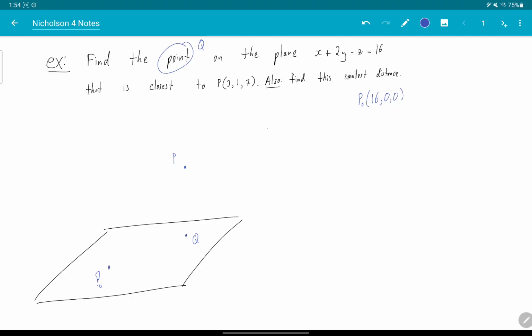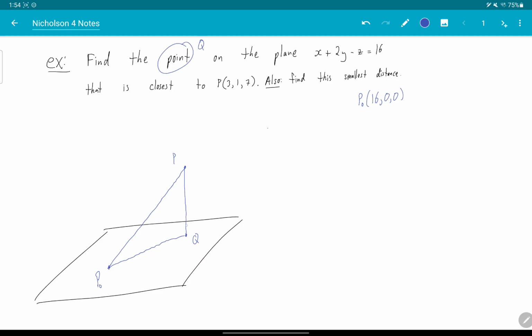Okay. So what we're going to do is we have a triangle here. Now we want to do a projection in order to find this side length here. First, we will form a vector from P naught to P, like so. And then the triangle goes like this. Ooh, that's a wavy line.